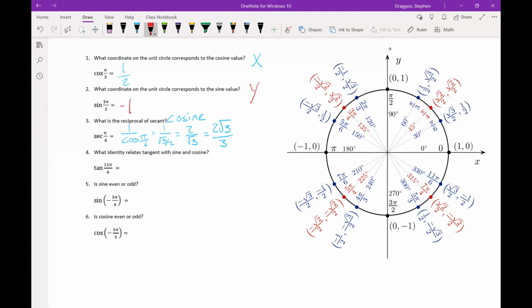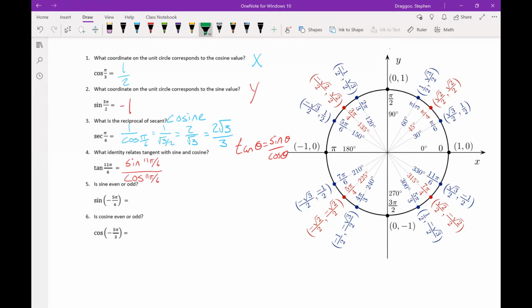Problem 4. What identity relates tangent with sine and cosine? It's the identity tangent theta is equal to sine theta over cosine theta. So if I want the tangent of 11 pi over 6, that means I want sine of 11 pi over 6 divided by cosine of 11 pi over 6.